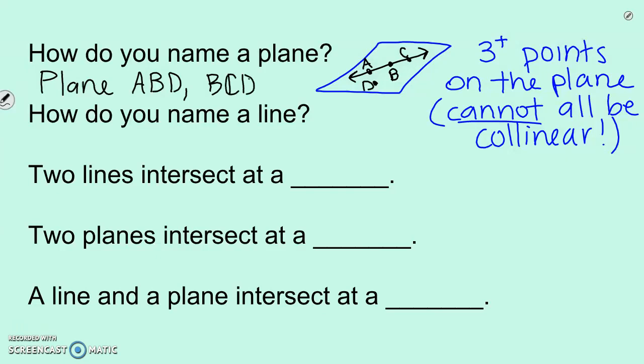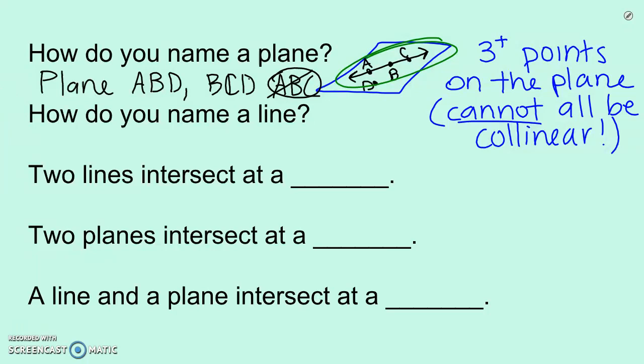Really, you could name it anything except for ABC. That's the only one that you could not name it, or any combination like BCA, ACB, whatever, because ABC, they're all on that same line, you can notice. And if you name a plane with three collinear points, it doesn't tell me all the directions that the plane's going. I need three non-collinear points.